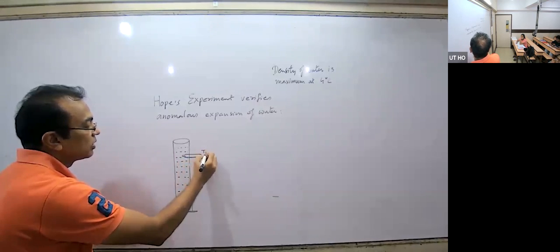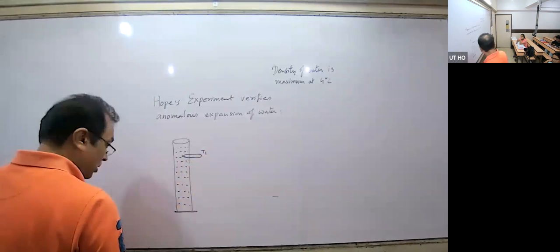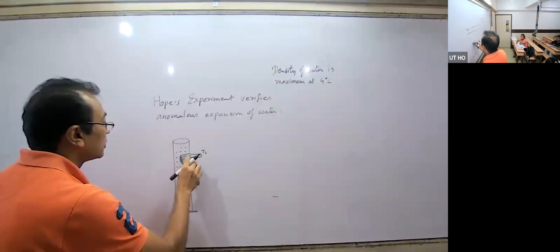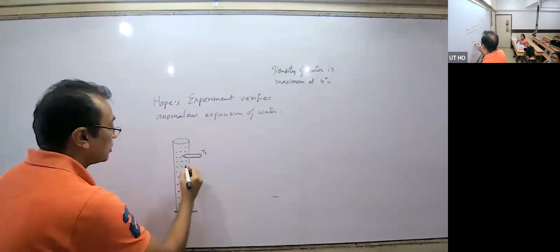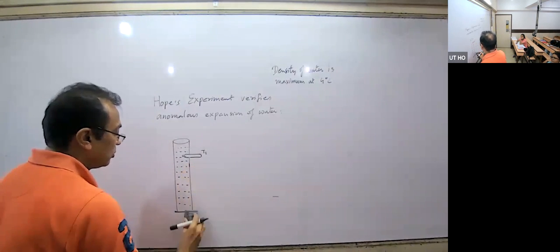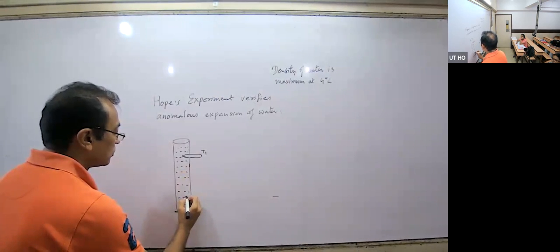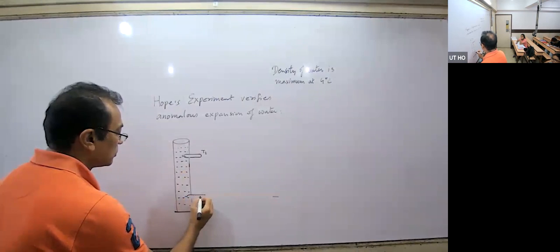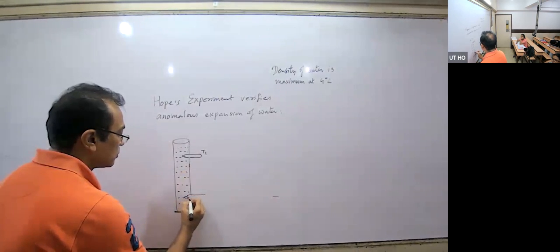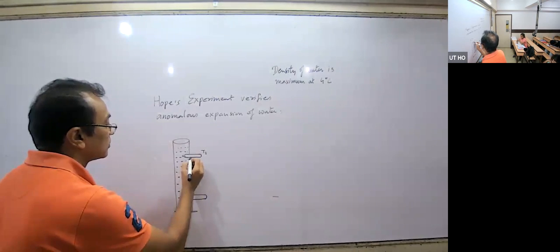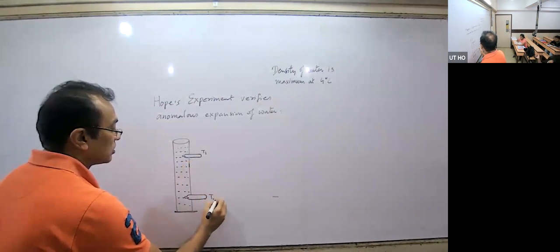This is thermometer 1 and okay. Below we have thermometer 2. Why do we need thermometer to measure temperature? The thermometer.